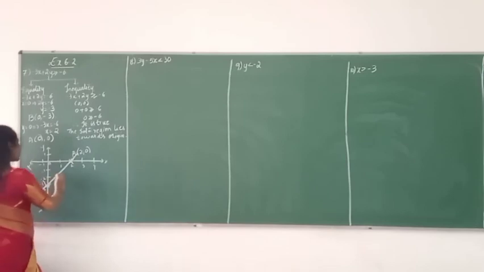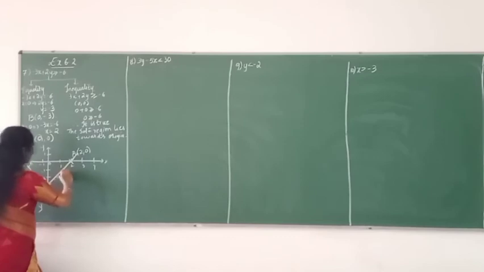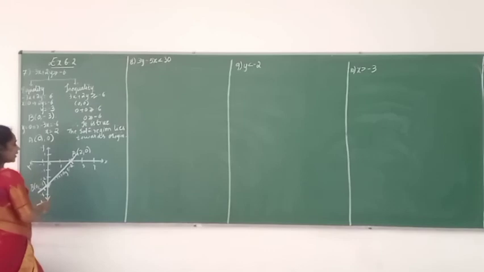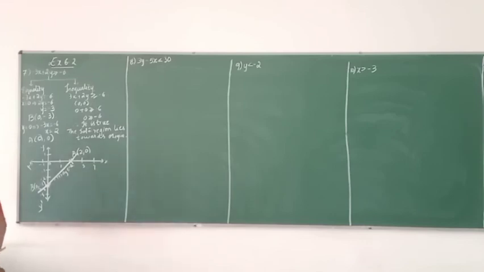So this I will indicate as 3x plus 2y is greater than or equal to minus 6. Is it clear? And now as it is true, it lies towards the origin side. When it lies towards the origin side, I think you already know which side you are going to shade the region.